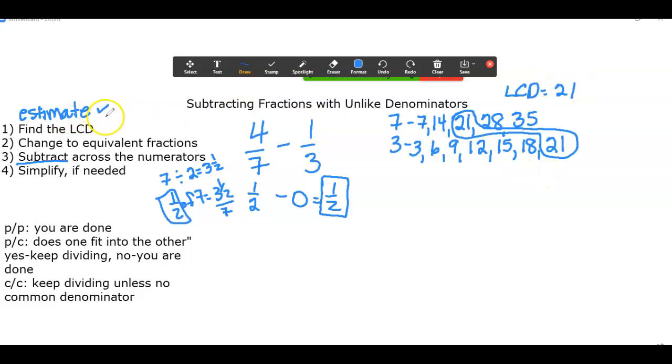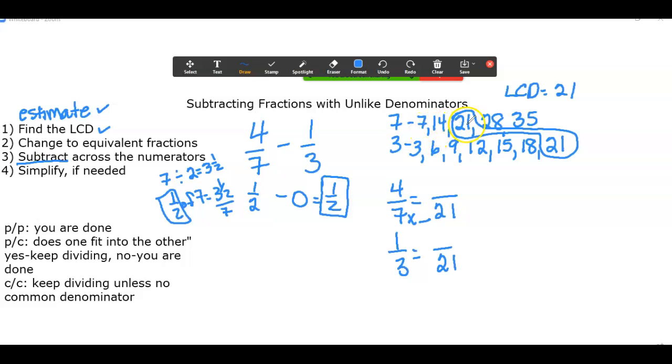So I did this, and I did this. Now I change to equivalent fractions. So I need to change 4/7 into 21ths. And I need to change 1/3 into 21ths. Okay. 7 times what is 21?